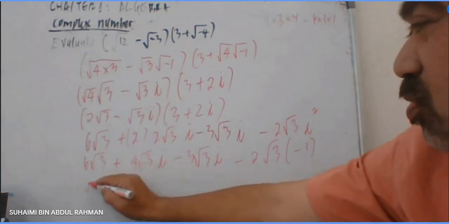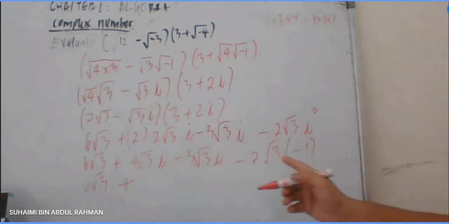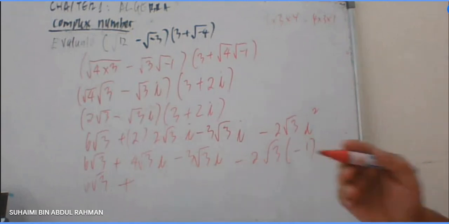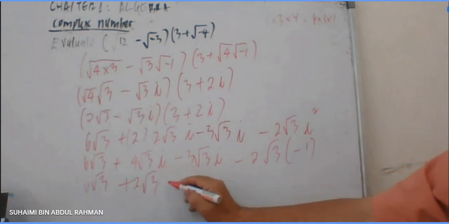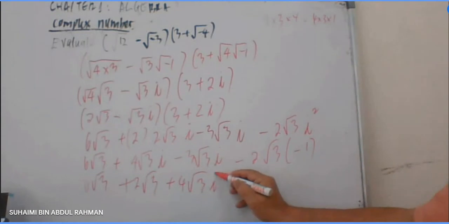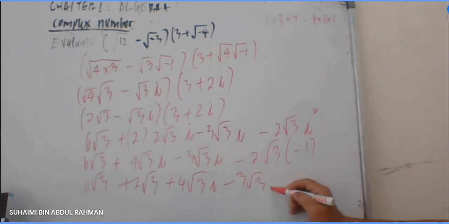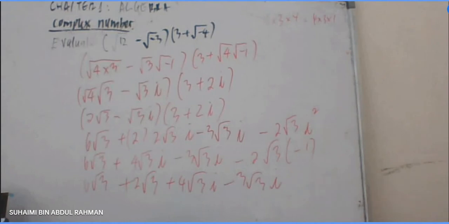We have 6 square root of 3 minus or plus, right? Minus and minus is plus. Plus 2 square root of 3, then plus 4 square root of 3i minus 3 square root of 3i. Remember that minus and minus is plus, so it's plus 2 square root of 3.